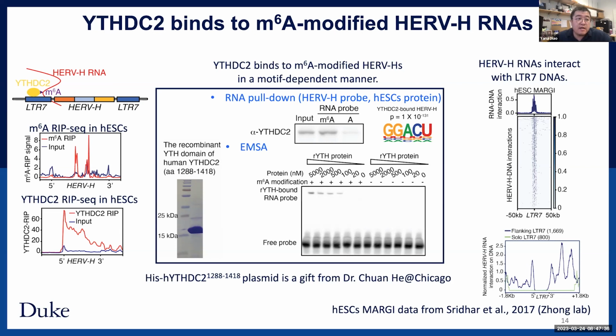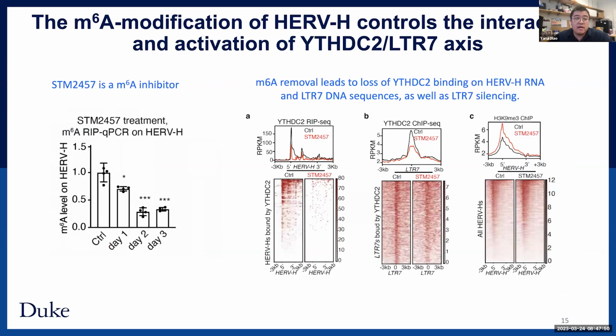But to further test this hypothesis, we want to determine whether the m6A modification of HERVH plays a causal role to recruit YTHDC2 and regulate LTR7 epigenetic activity. To test this idea, we used an inhibitor called STM2457.